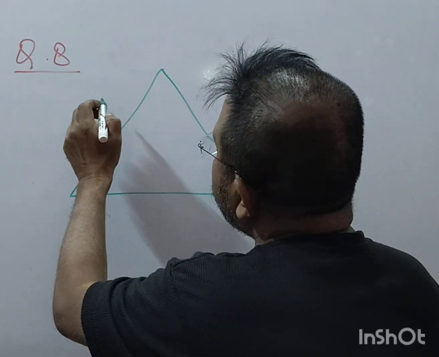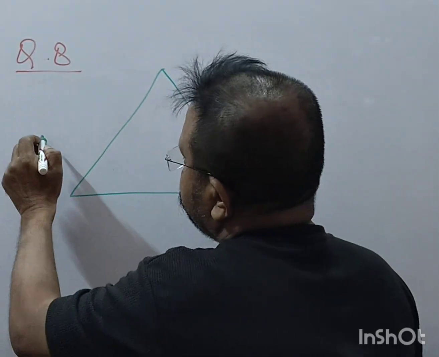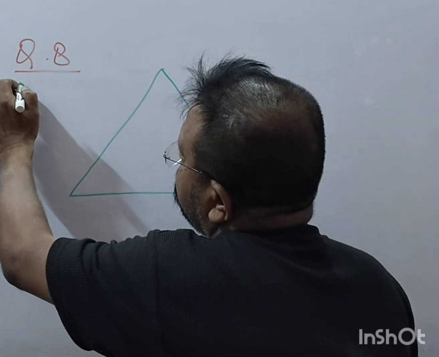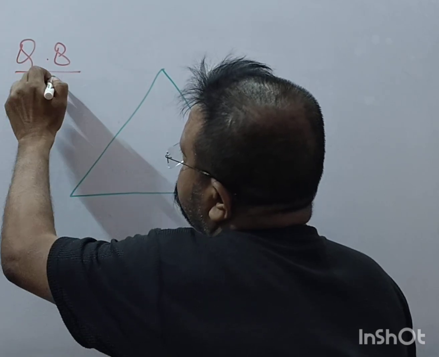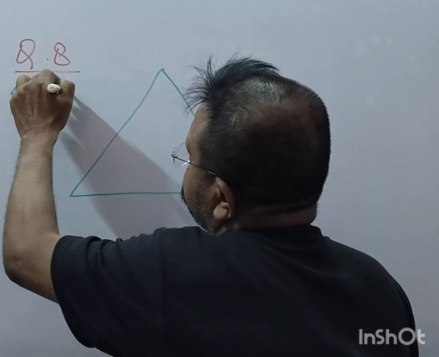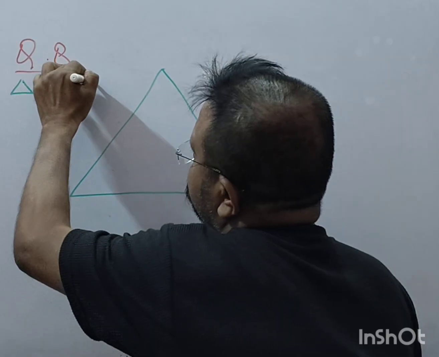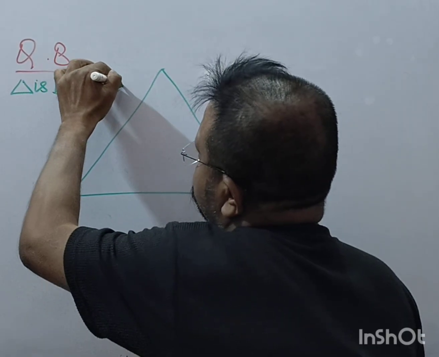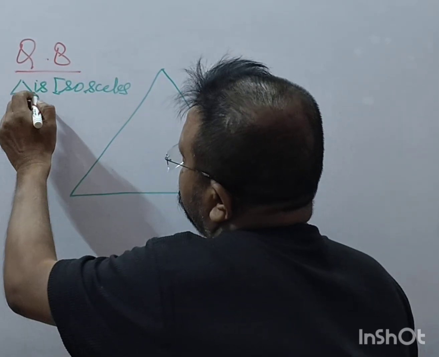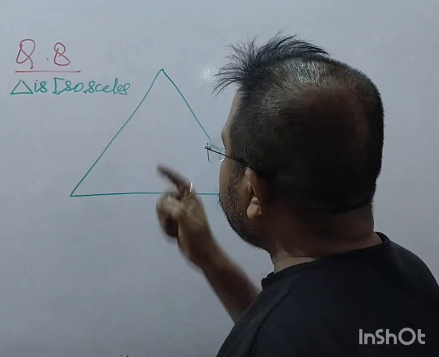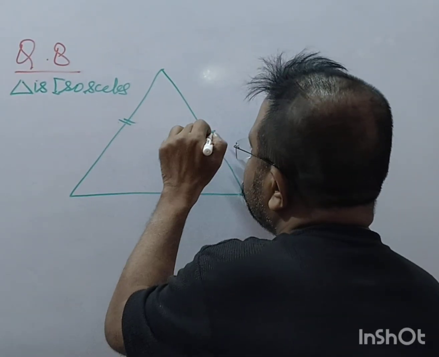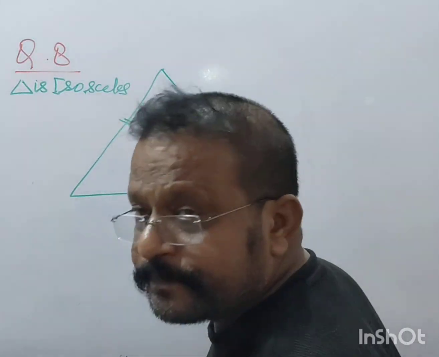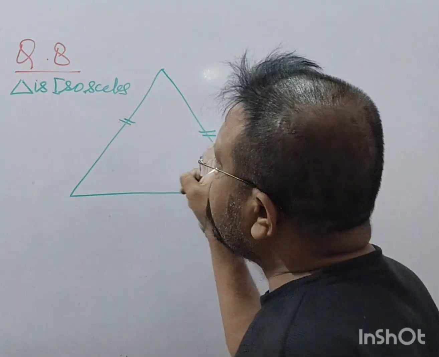It is presumed that this triangle is isosceles. Now, isosceles triangle means this side is equal to this side, these two sides are equal.